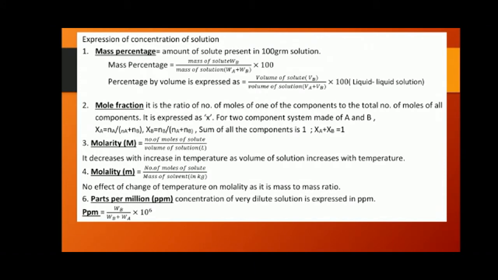It is expressed as X. For two component system made of A and B, that means binary, XA can be presented as Na upon Na plus Nb, and XB can be presented as Nb upon Na plus Nb. And students always remember that sum of all the components is 1, which can be written XA plus XB is equal to 1.